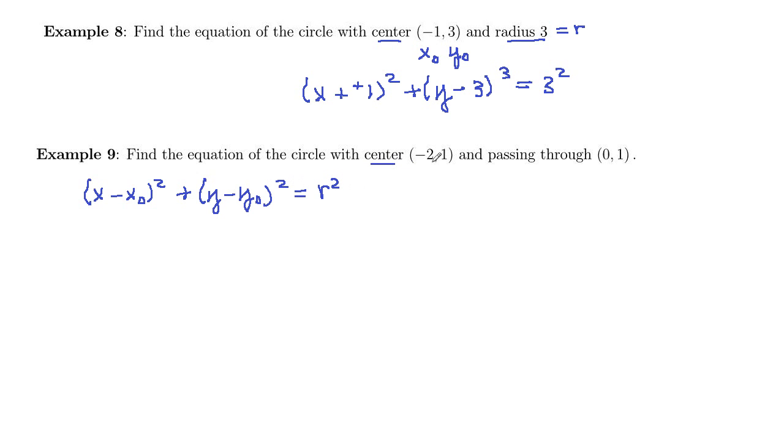And the center is -2, 1, so that is our x0, y0. And then passing through the point 0, 1. So this is a point x comma y that's on the circle.